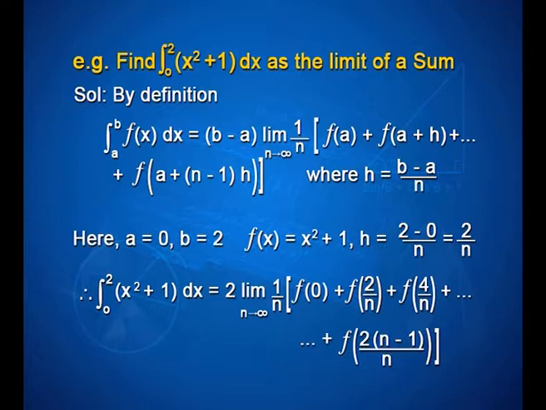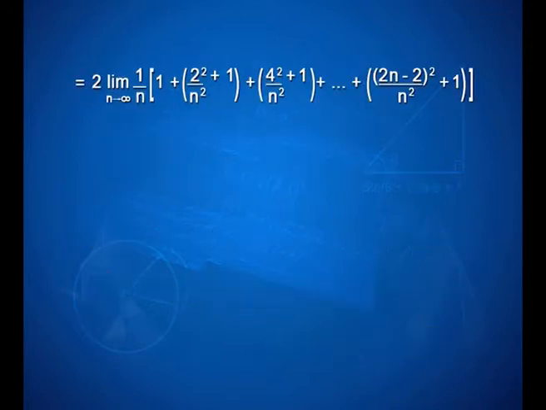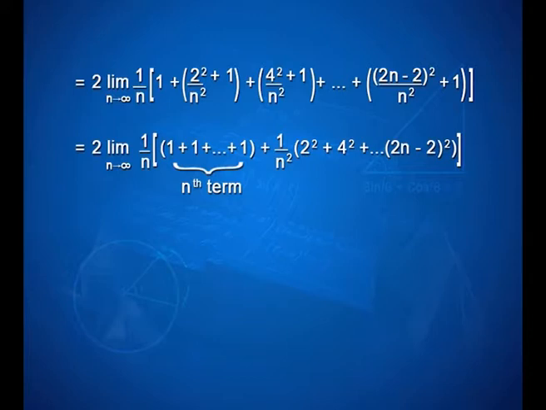That can be simplified as 2 into limit n tends to infinity 1 upon n into [1 plus (2 square upon n square plus 1) plus (4 square upon n square plus 1) plus so on, plus ((2n minus 2) whole square upon n square plus 1)].